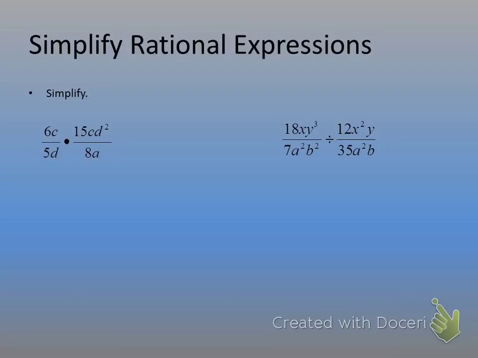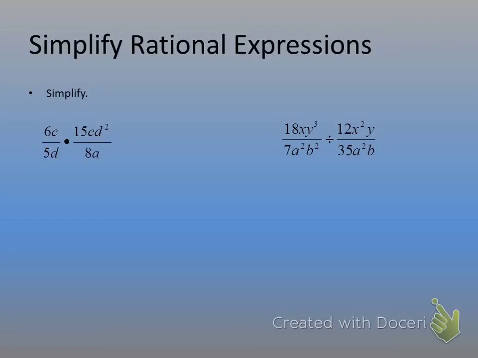You have 6c over 5d times 15cd squared over 8a. There's a lot of different ways, a lot of different logics to doing this. Your first way of doing it is to put them together like you would in chapter 5, where you multiply your tops together and you multiply your bottoms together.